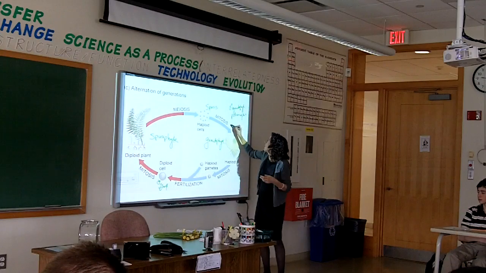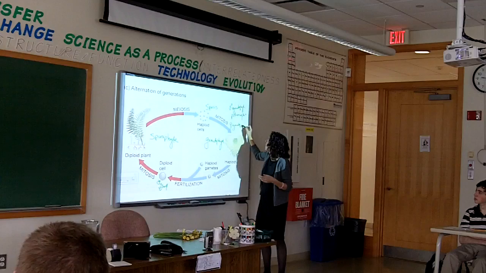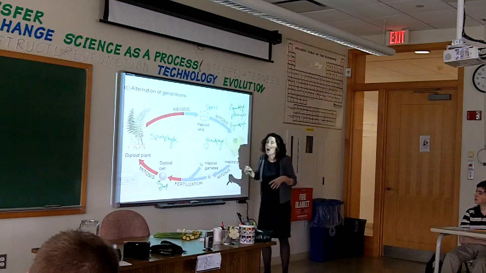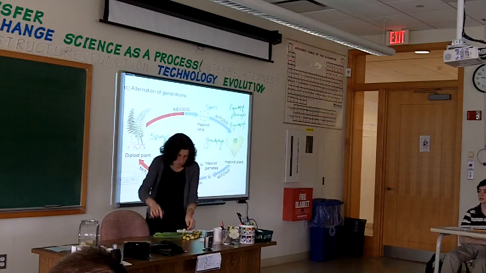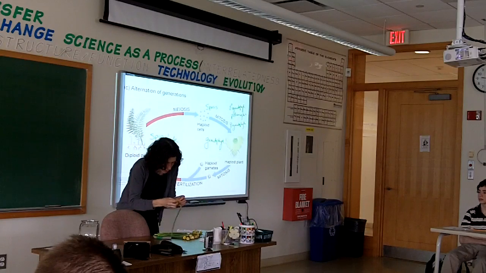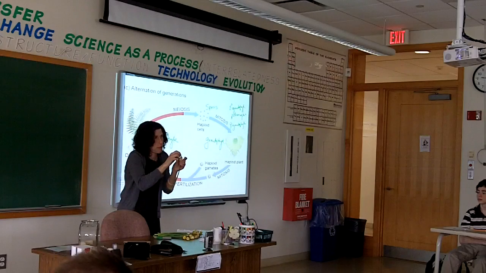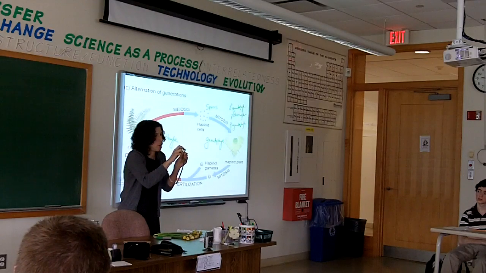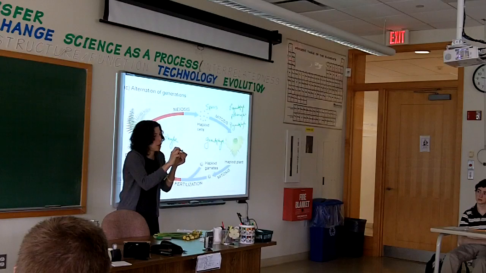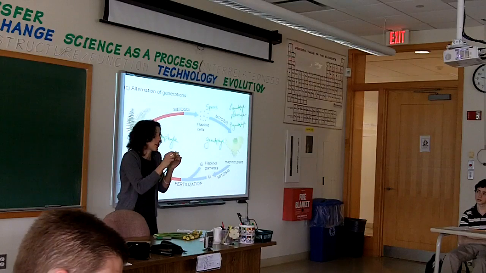The female gametophyte you can't even see. It's contained entirely within the female part of the plant, the carpel. It's contained entirely within the swollen base of the carpel.